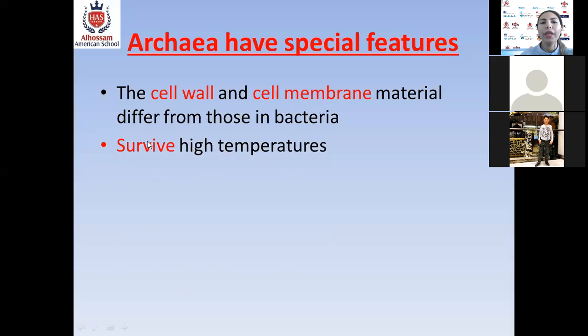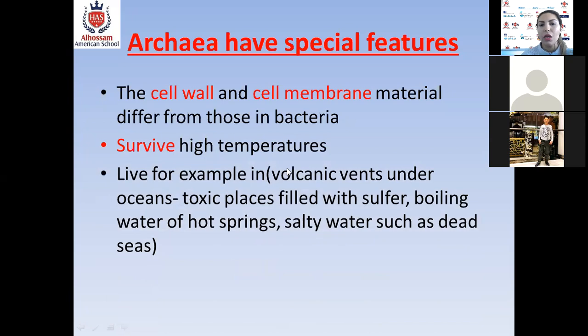Number 2, archaea can survive at high temperatures. They can be found in volcanic vents, under oceans, toxic places filled with sulfur, and boiling water of hot springs. So they can tolerate extremely high temperatures, and can also be found in salt water, such as the Dead Sea. But bacteria cannot survive in volcanic vents, okay?